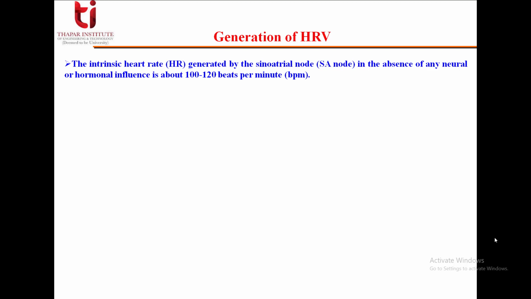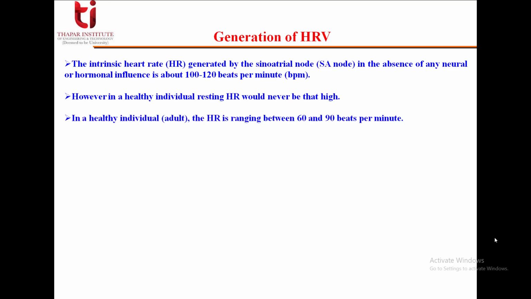Now we'll see how this HRV is generated. The intrinsic heart rate generated by the sinoatrial node in the absence of any neural or hormonal influence is about 100 to 120 beats per minute. However, in a healthy individual, resting heart rate would never be that high.